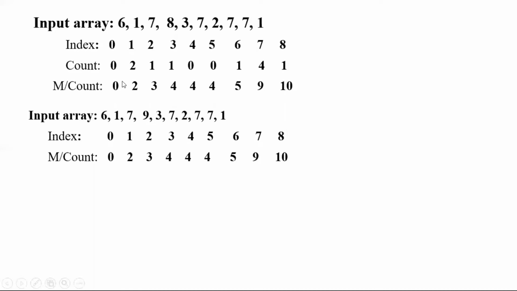Here we have 0; in this position the sum of the previous elements, 0 plus 2, here 2 plus 1, here 3 plus 1, 4 plus 0, 4 plus 0, 4 plus 1, 5, 4, as in the Fibonacci series. This modified count array tells us where to locate each element from the input array in the output array.